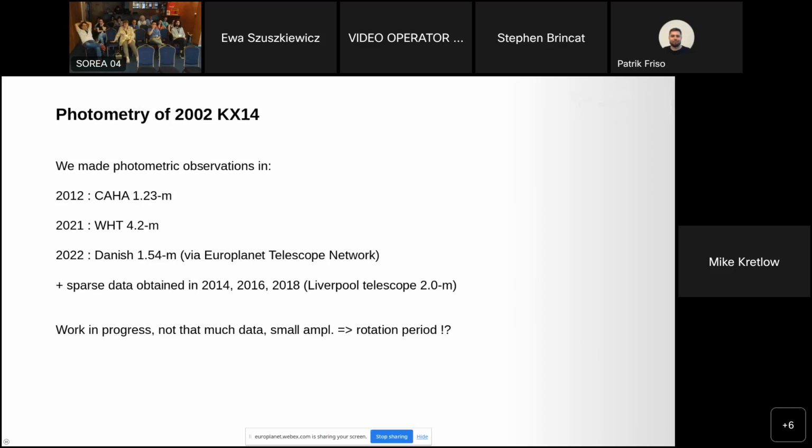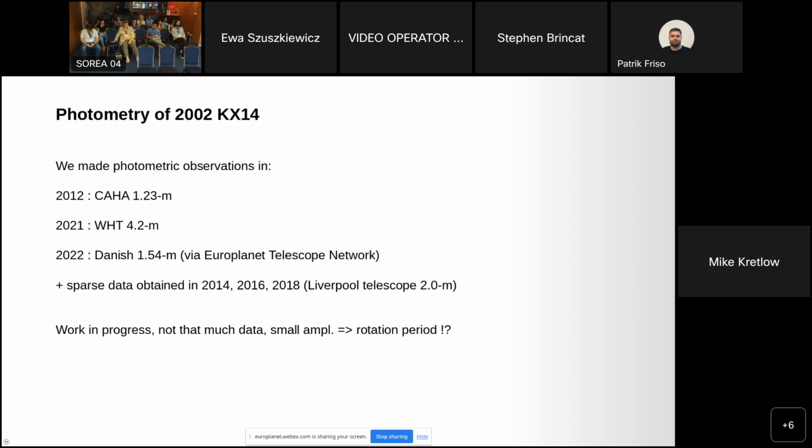We made some observations also in combination with an occultation in 2021 with the William Herschel Telescope at La Palma. And last year, I was able to use the Danish 1.5 meter telescope in La Silla in order to get a light curve and a rotation period.